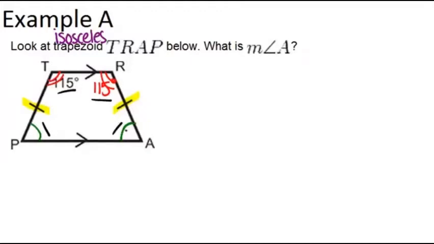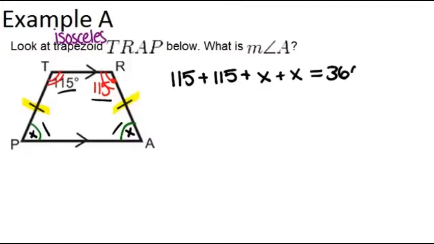So if I call angle A x, then angle P will also have to be x. And I know that when I add all of these up, 115 plus 115 plus x, that has to equal 360 degrees. Now I can solve this equation for x in order to get my answer.